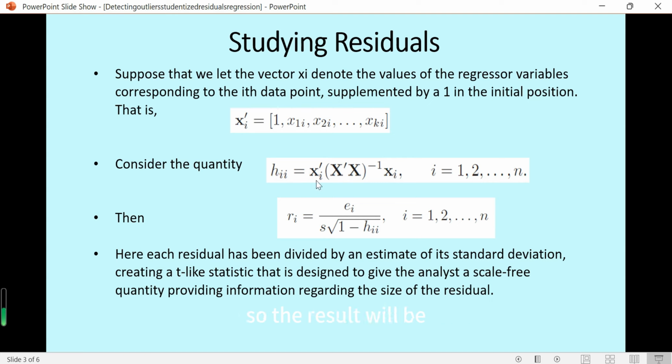So the result will be a scalar value, right? So this value will be used further.